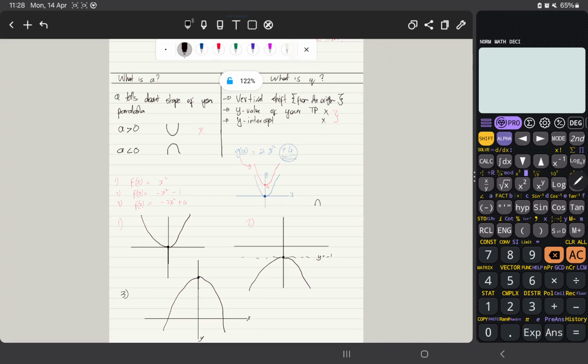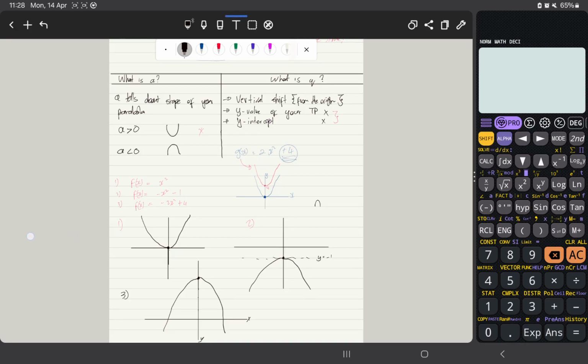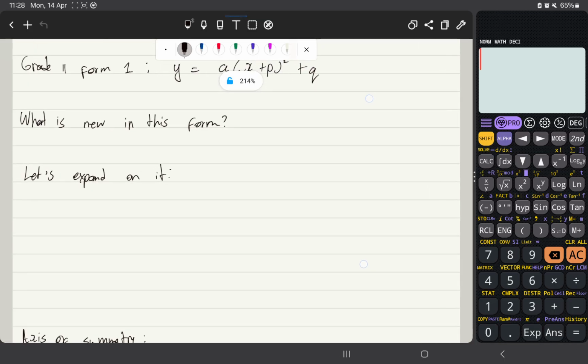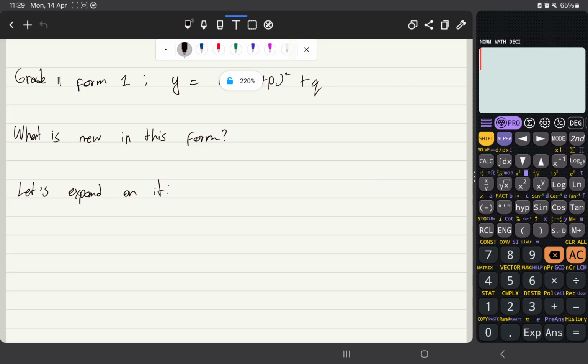That was all in grade 10. You guys can do more questions if you want some revision questions. I'm not going to do that here. So let's move on to grade 11. There are two important forms for grade 11. The first one is this one.